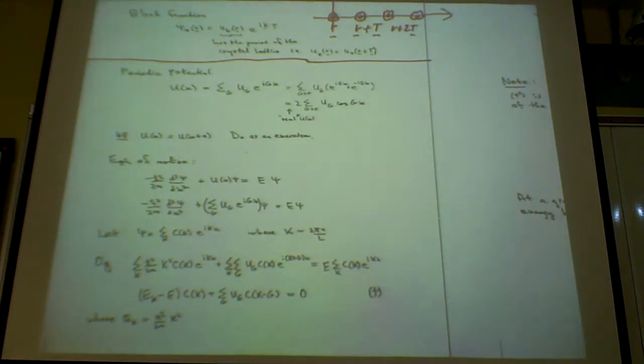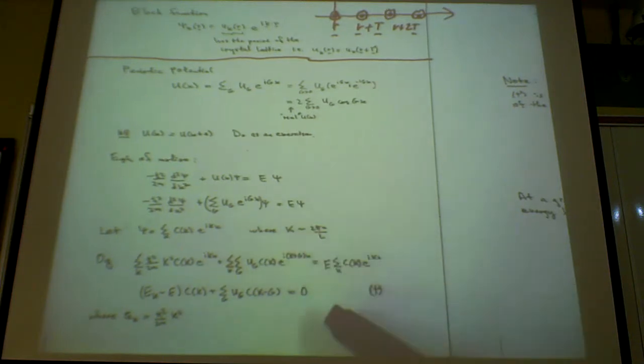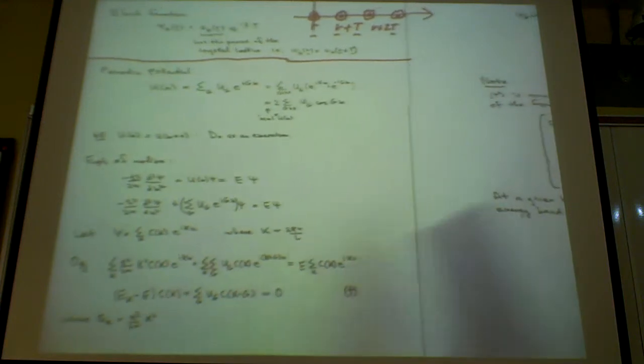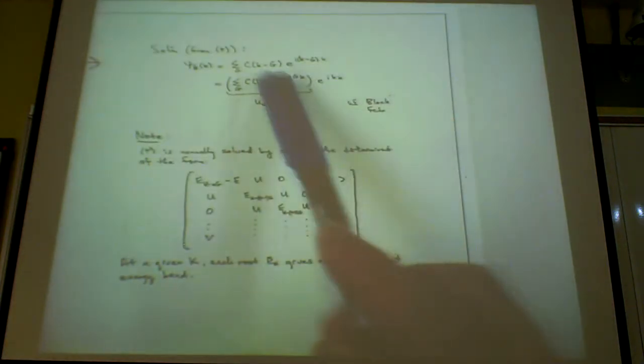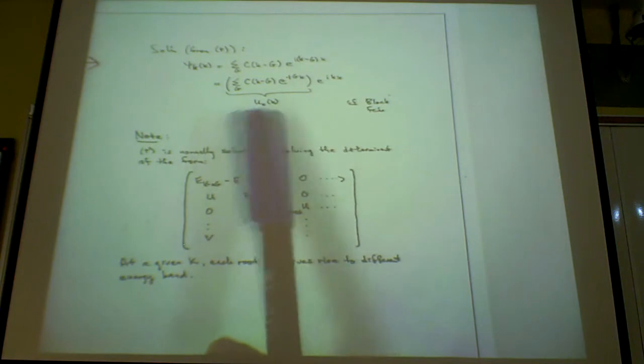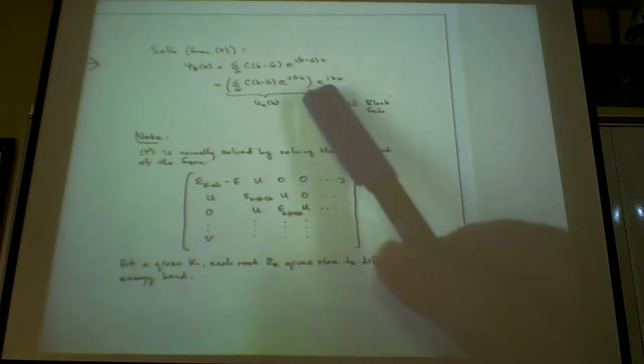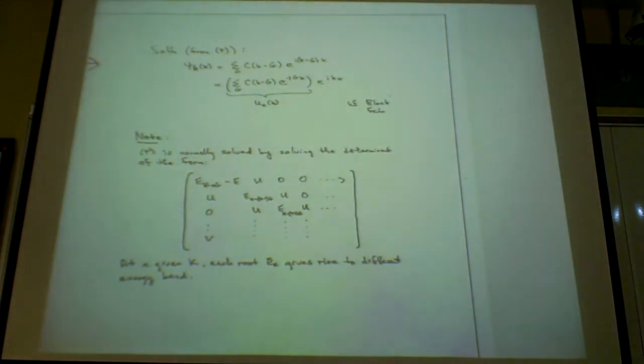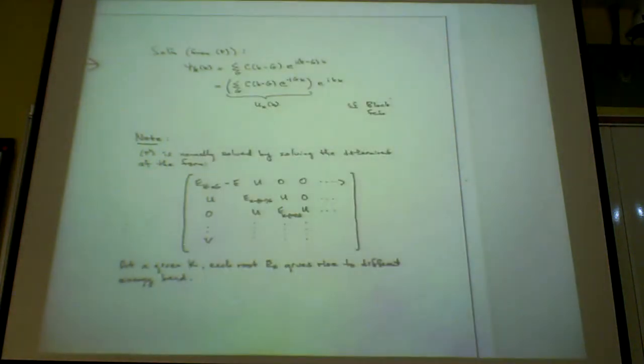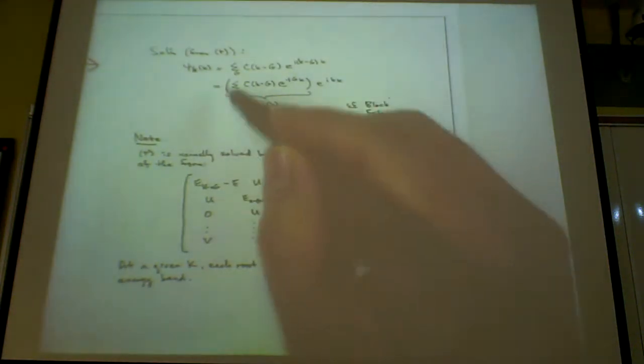After a little bit of math, which I will skip, if you trust me on this, you will see that the solution is simply a sum over some constant c, e to the minus i G dot x, where G is my reciprocal space vector, and then the wave function, a plane wave, e to the i G dot r. So you define these whole functions for the periodic function.